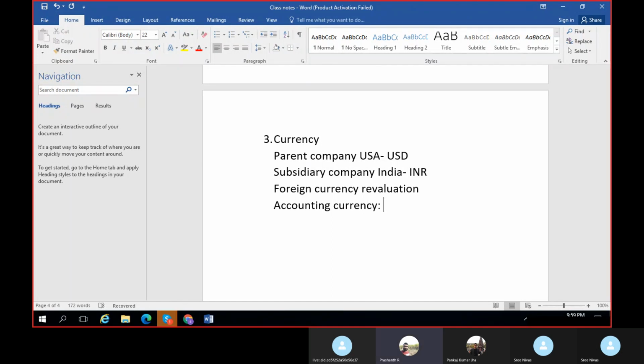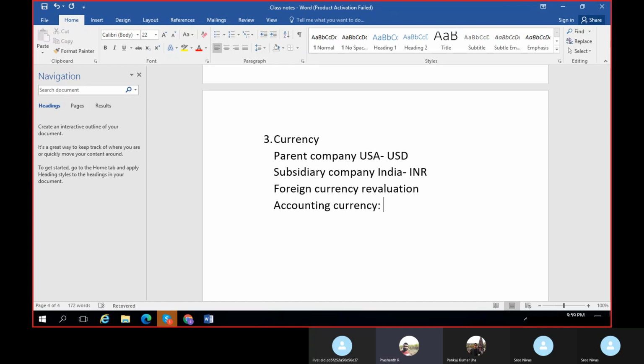Srinivas, if I'm not wrong, accounting currency is where the business is taking place. For example, we were talking about the parent company and subsidiary company. The subsidiary company is in India, so it will be recording all our accounting transactions in INR, right?